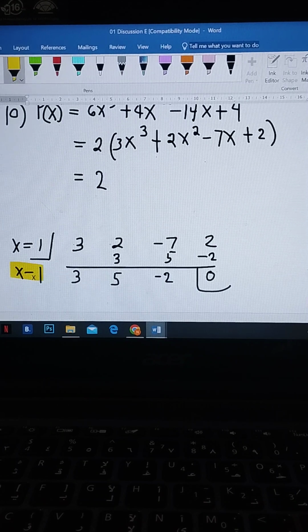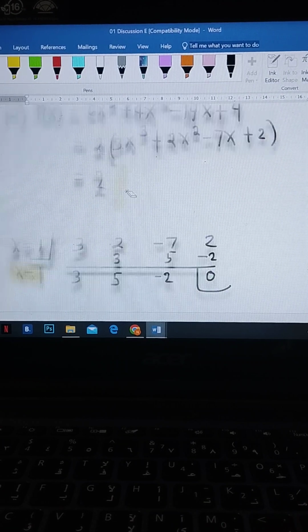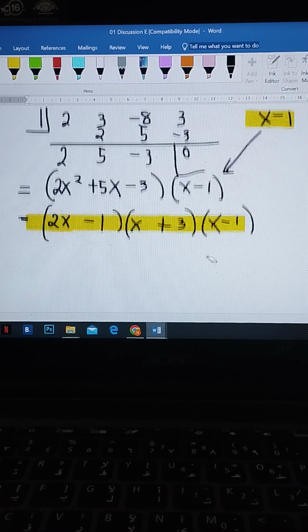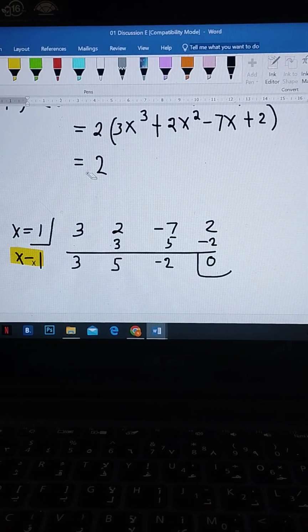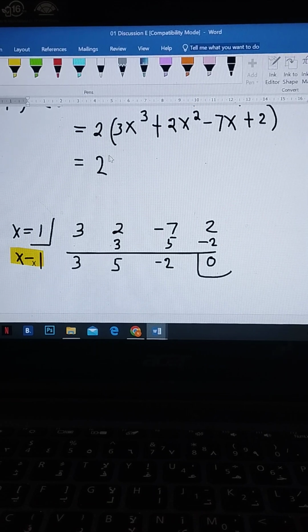So we can just write it here, times x minus 1.